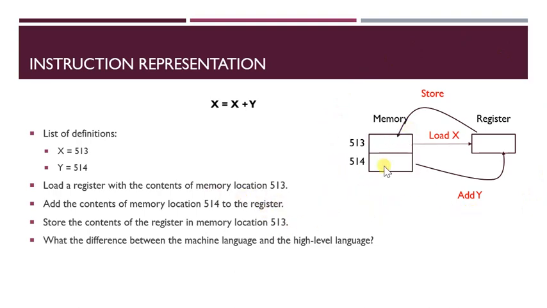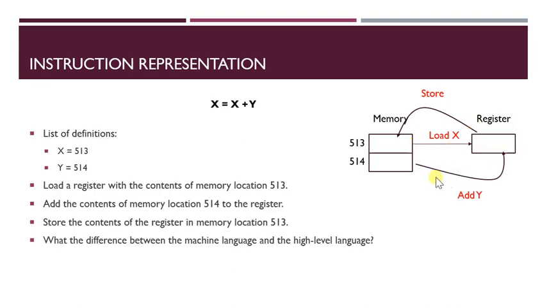So you have the memory location and you have the register location. Inside the memory, you have the address for X and also the address for Y, 513 and also 514. The first instruction, you need to load the value inside 513, the X, into the register.